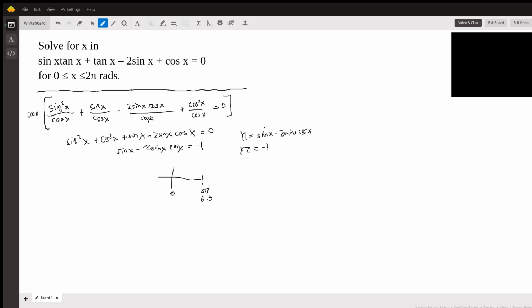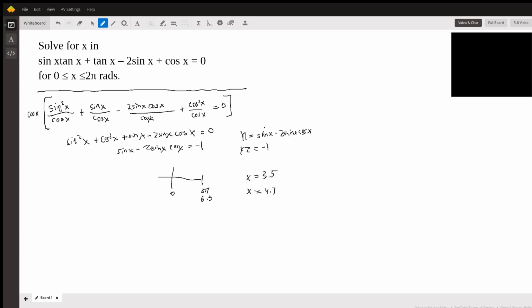We don't have any rounding instructions on this problem, but the first intersection I get is approximately 3.5. And then the other intersection that I get is roughly 4.7. And that's the answer.